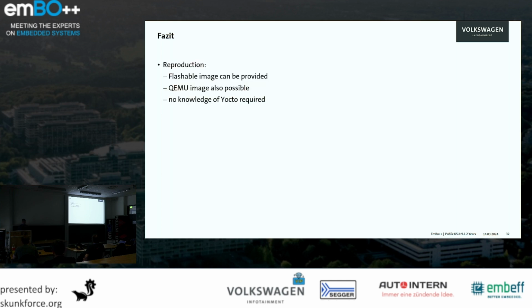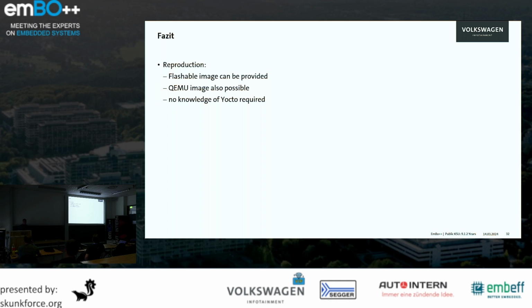To conclude, the good thing about Yocto is you can easily reproduce it. So you did it once, and if you make it available to the next person, they don't have to understand Yocto. It has quite a hard learning curve in the beginning, as some of you might know. There are a lot of things you have to know right at the start and get right.